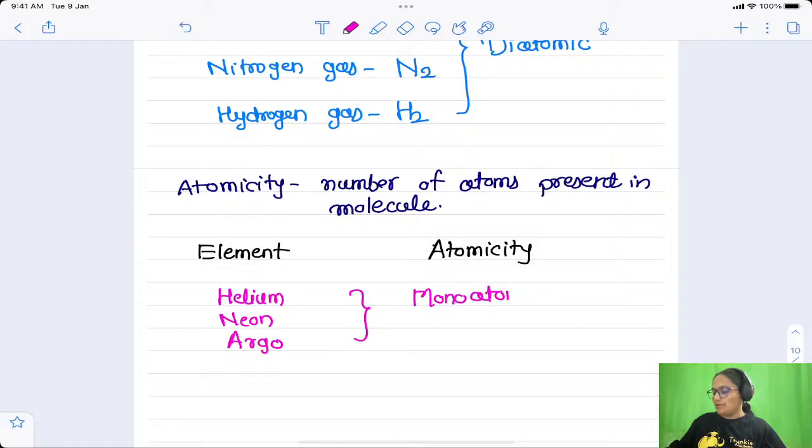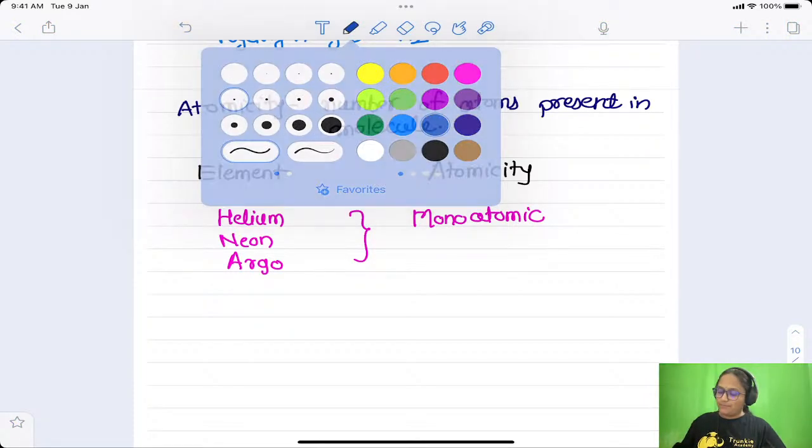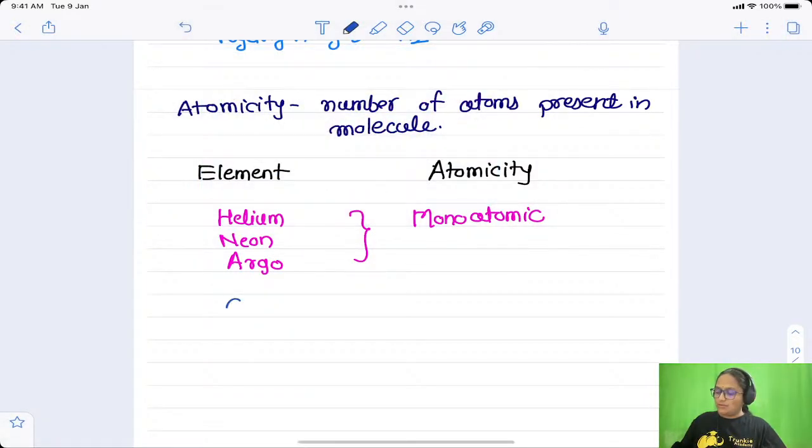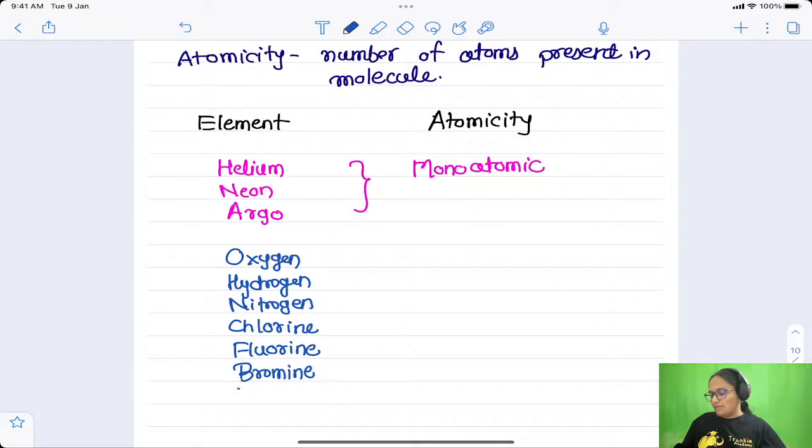Then I will write down the next: oxygen, hydrogen, nitrogen, chlorine, bromine, iodine.